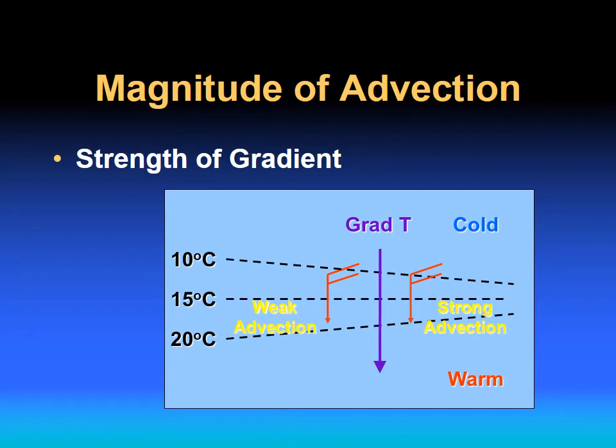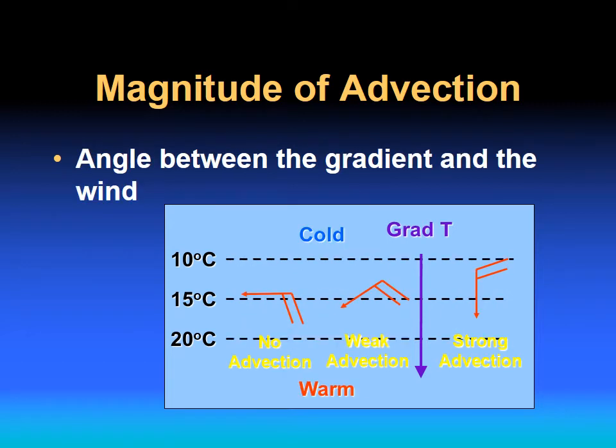And then finally here we've got the temperature gradient that's the same every way. The strength of the wind is 20 knots everywhere, but we're changing the angle. You can see that on the left, since the wind is blowing parallel with the isopleths, there's no advection.